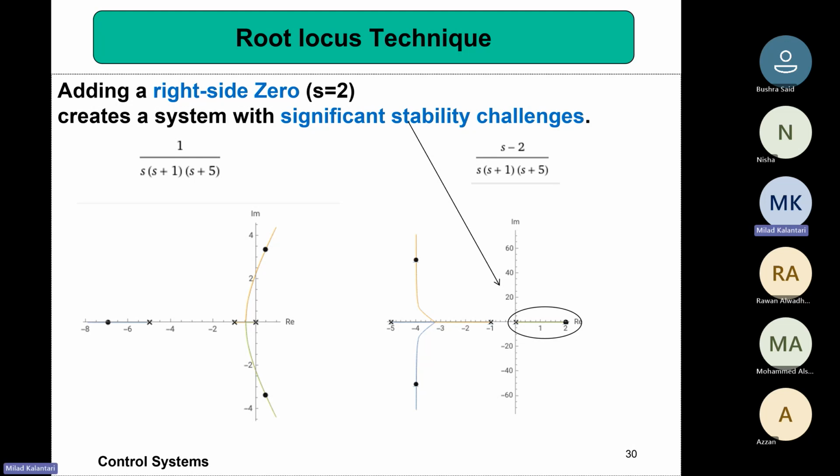So what if we put a right-hand side zero? So this is the initial system we had. We are trying to add one zero at, let's say, 2. What is happening?